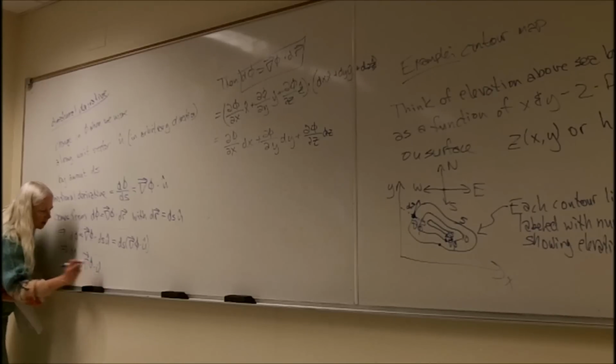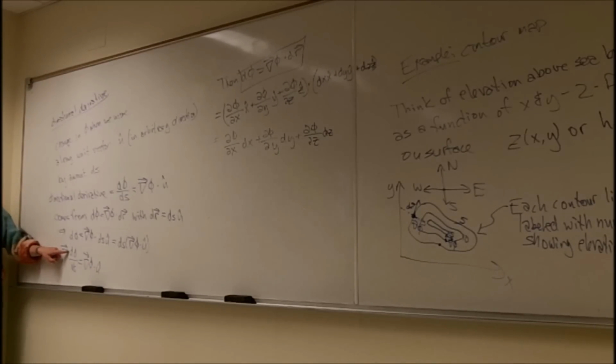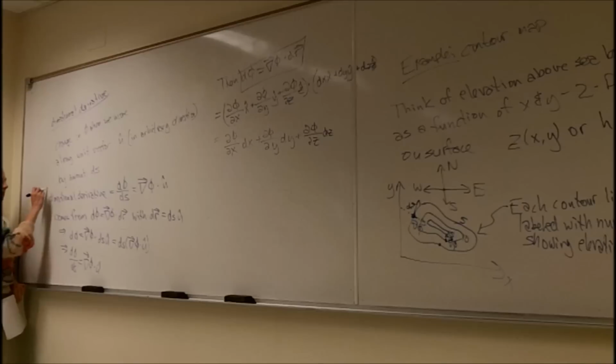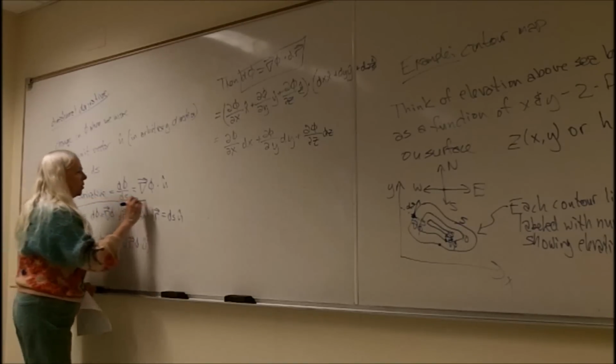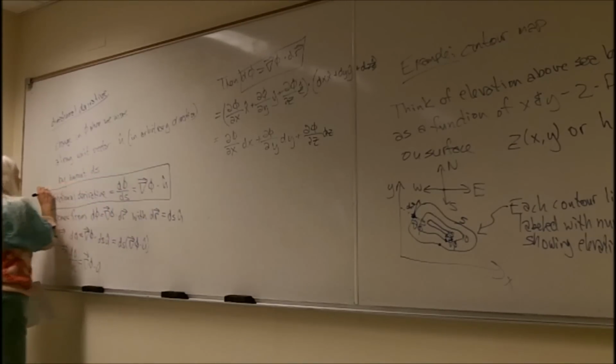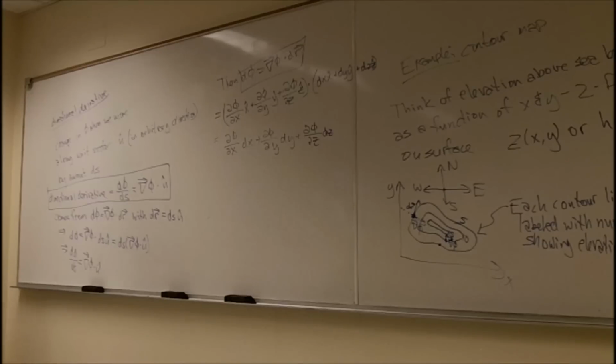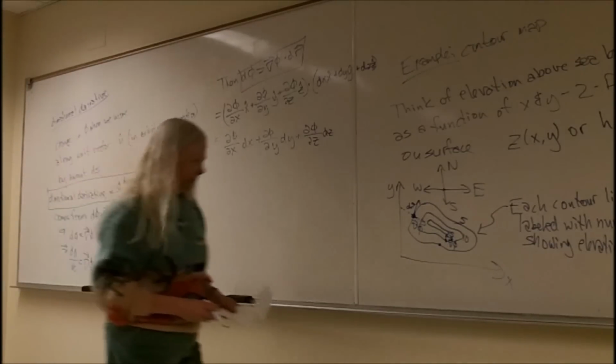And that gives us an expression for d phi divided by ds, or in other words, this directional derivative, as the gradient of phi dotted into a unit vector along the direction we want to move. Okay? So let's think about what this means as maybe applies to that previous example over here.